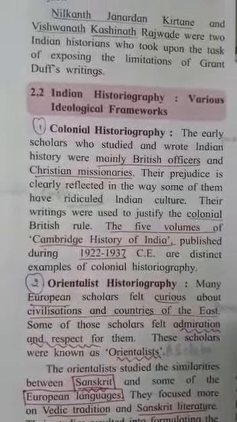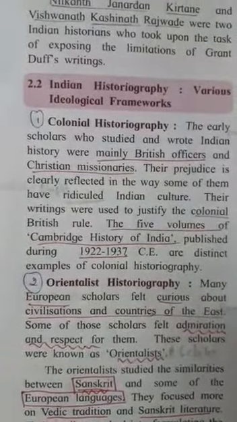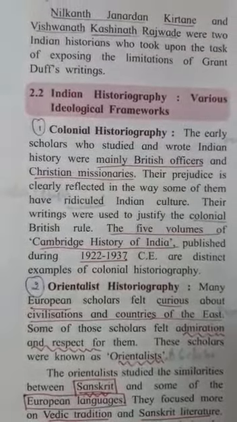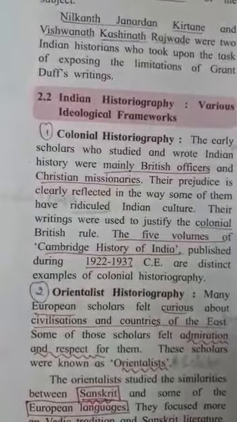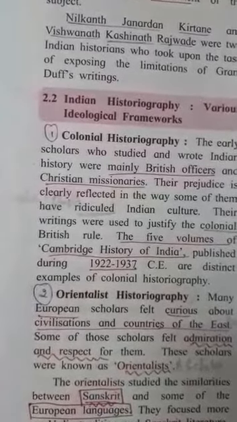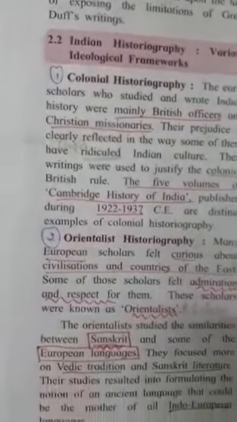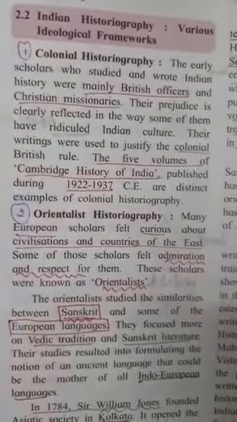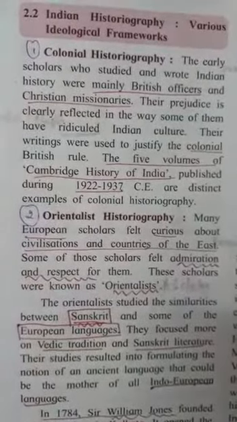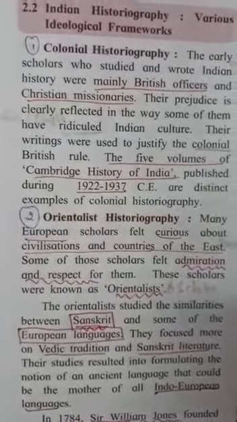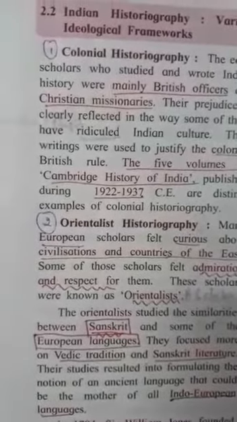They focused more on Vedic tradition and Sanskrit literature. Literature means what? Upanyas. You got it? They said that Indo-European language is the mother language of all. Then in 1784, Sir William Jones founded the Asiatic Society in Kolkata. That means who came to Calcutta?